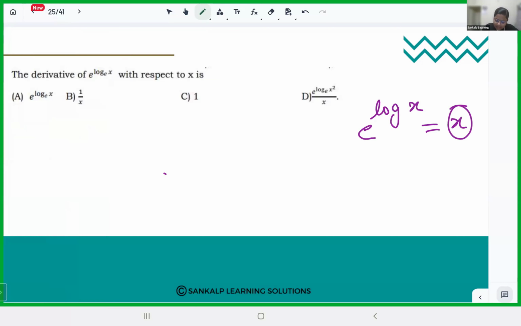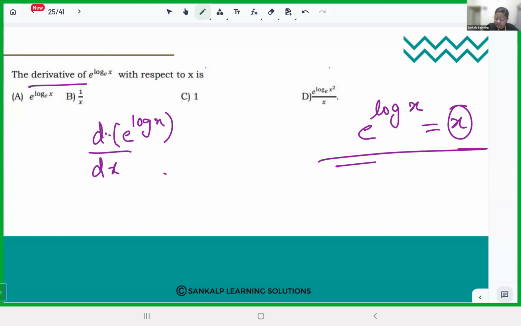So here, they are asking about the derivative of e raised to log x. They're not asking the value of e raised to log x. If you know the property e raised to log x is equal to x, then how will you find the derivative?